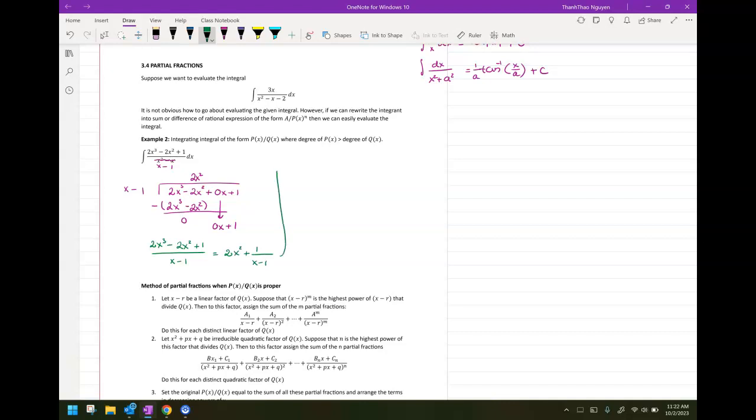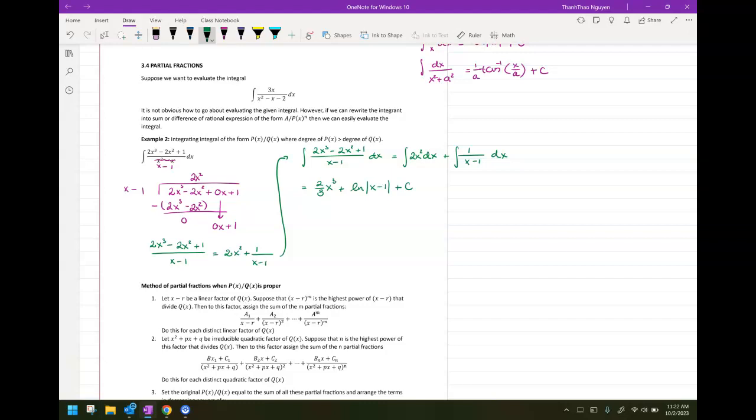With that in mind, I can rewrite the integral as the integral of 2x squared dx plus the integral of 1 over x minus 1 dx. So this is 2/3 x to the third plus ln of x minus 1 plus a constant.